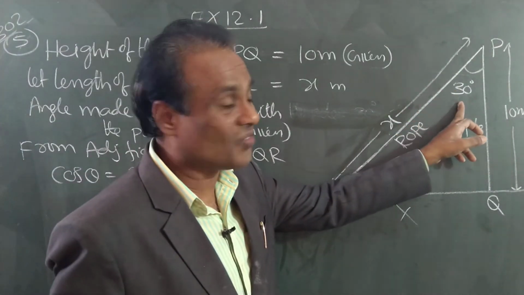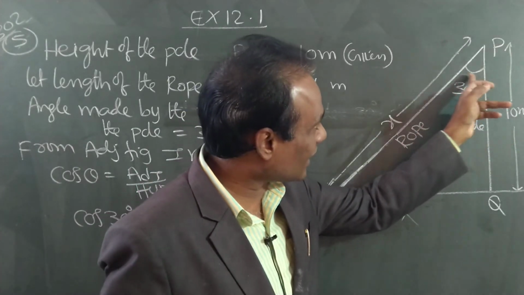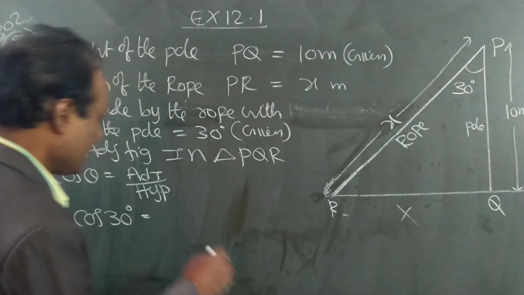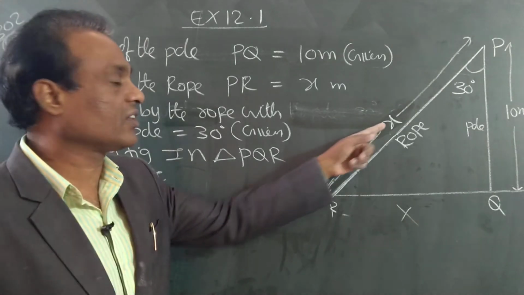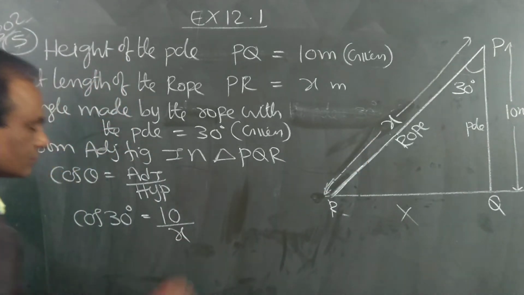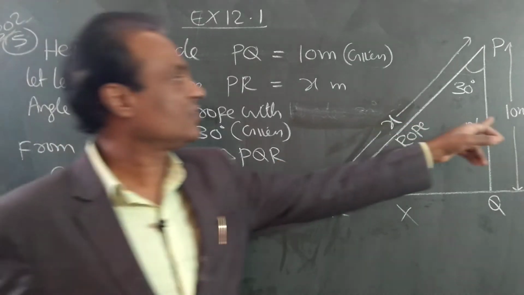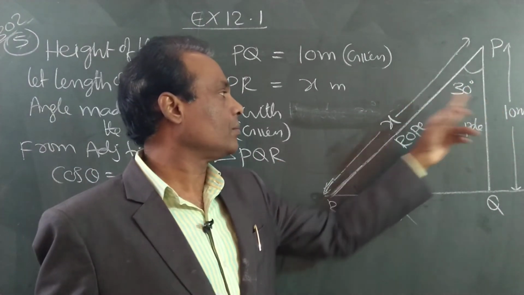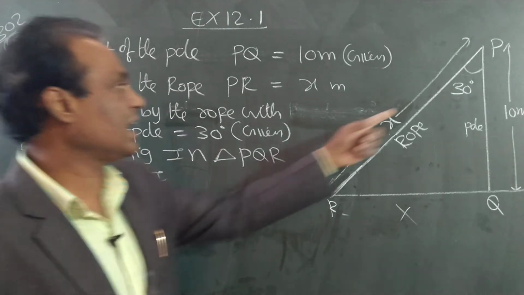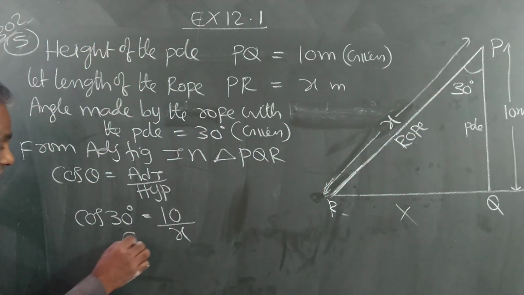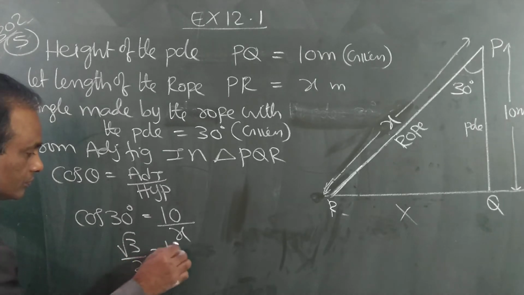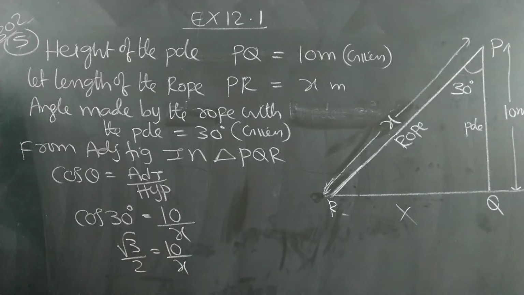For this angle, what is the adjacent side? Adjacent means along with it, 10. See here, 10 by hypotenuse, we don't know, x. Adjacent by hypotenuse, 10 by x. Cos theta is 30. Cos 30 value you tell me. Cos 30 value, see the table, root 3 by 2.